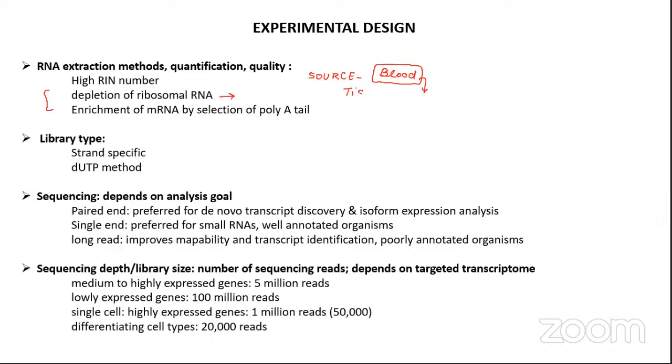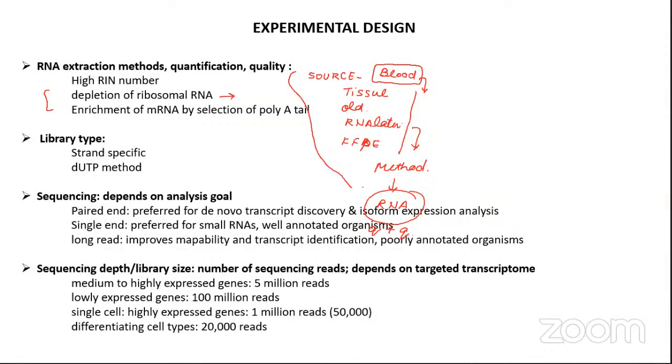Is it fresh tissue, old tissue, tissue stored in RNAlater, or extracted from FFPE tissue? And along with the source, what method do you choose for the isolation of RNA? Our RNA quantity and quality depend on all these factors.